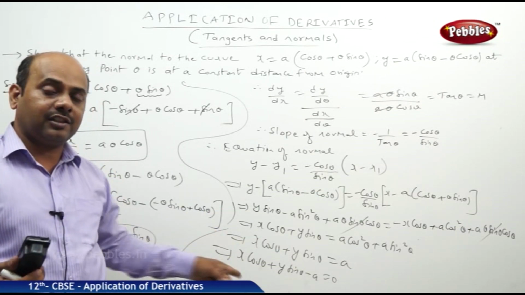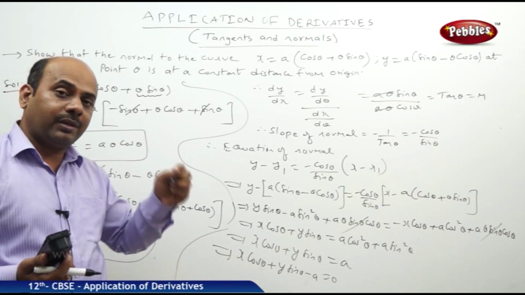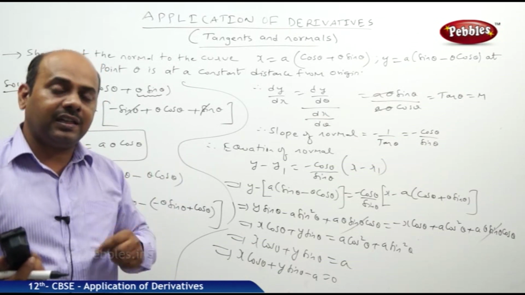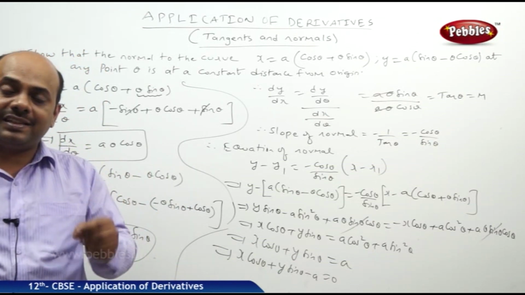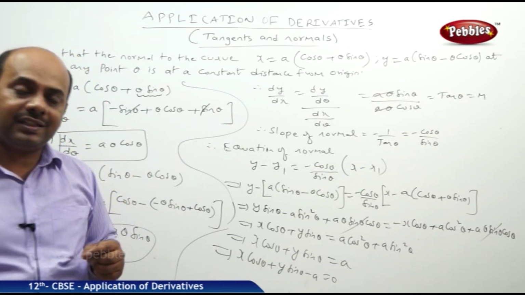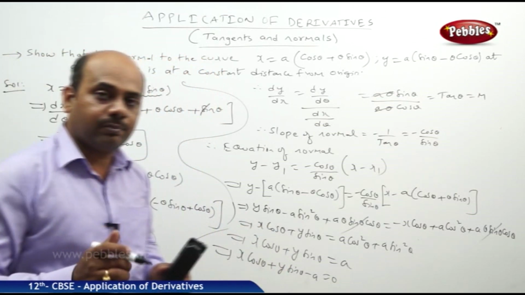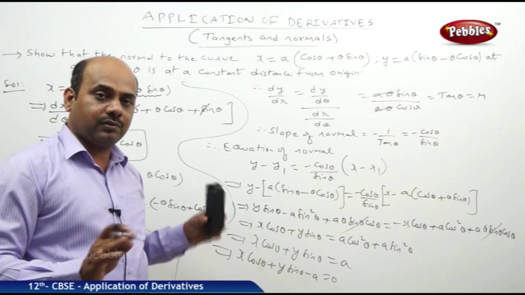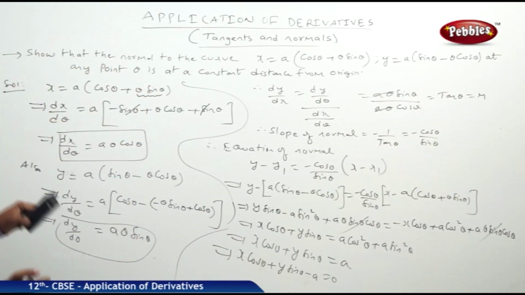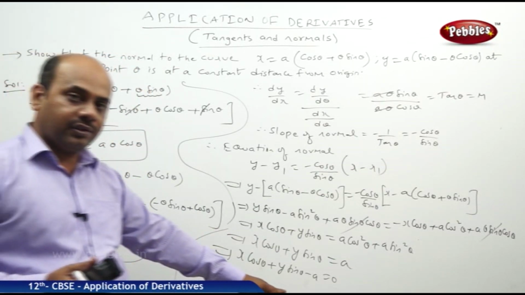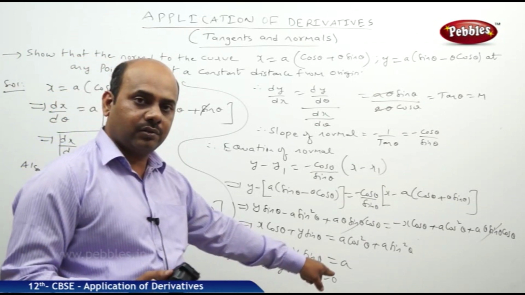In earlier class, that means in our 11th class we will learn perpendicular distance of a line ax plus by plus c equal to 0 from a point x1 y1 is given as modulus of ax1 plus by1 plus c by under root of a square plus b square. That now I will be showing up to here, you please copy.